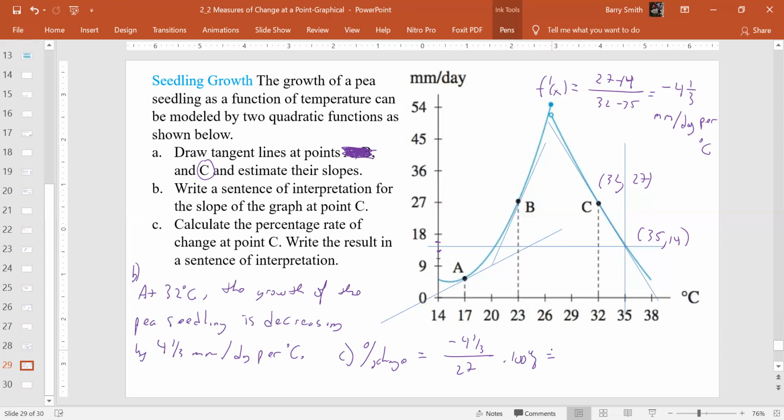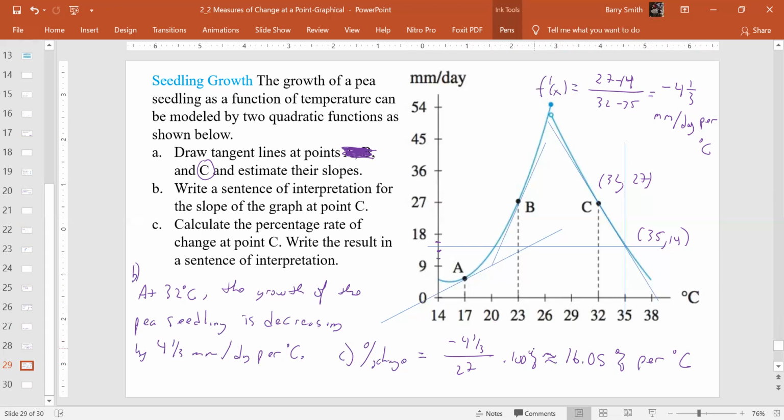So if we take that divided by 27 times 100, we get roughly approximately 16.05% per degree C, because again, the millimeters per day cancel, and then we have just the per C left, and we have the percent added in because of the percent here.